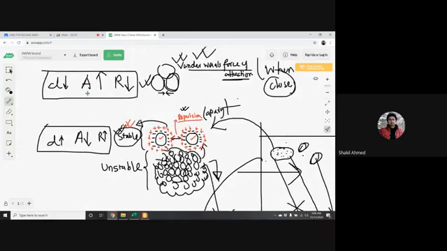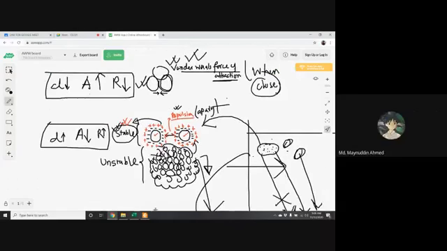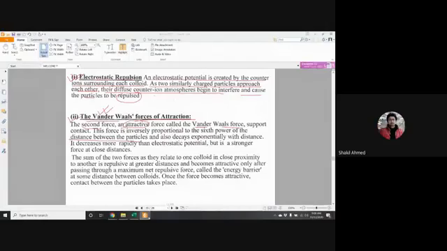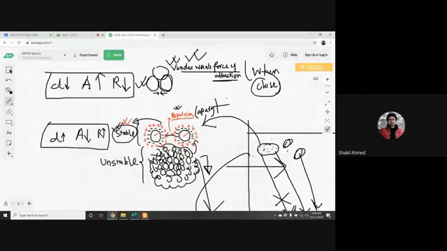Clear? Yes, sir. So as you can see, this is distance and attraction. They have an inverse relation. Inverse: decrease, increase; increase, decrease.